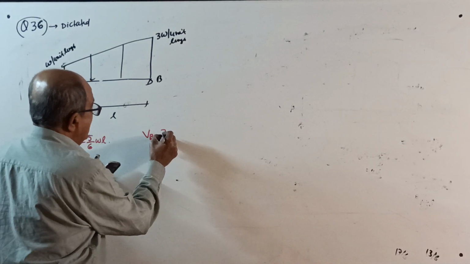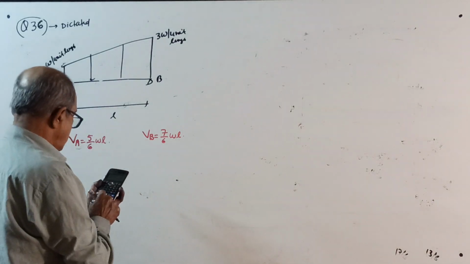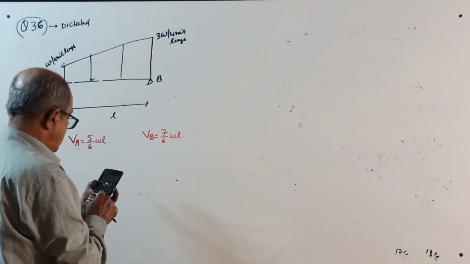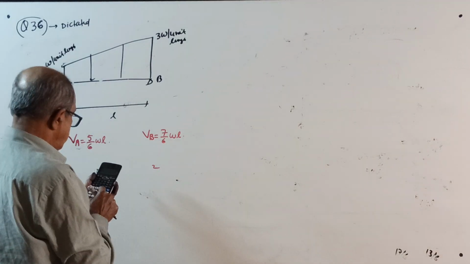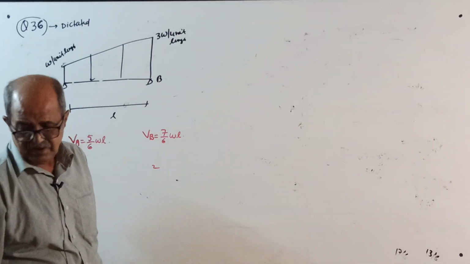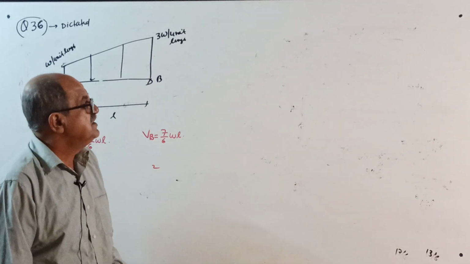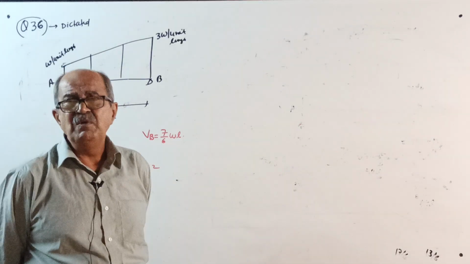VB, 7 by 6 WL is the right reaction. Over. I'll check the answer. 5 by 6 plus 7 by 6 equals 2. 2 is correct. 1 plus 3 divided by 2 into 1 is 2, correct. Okay, done. If by chance the answer given by me is wrong, inform me, I will give the correct answer.